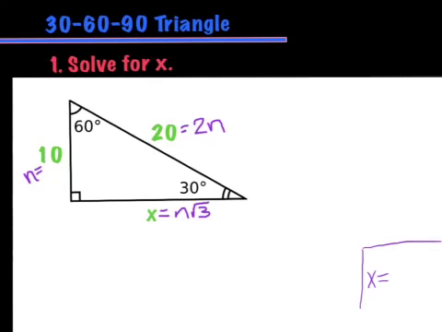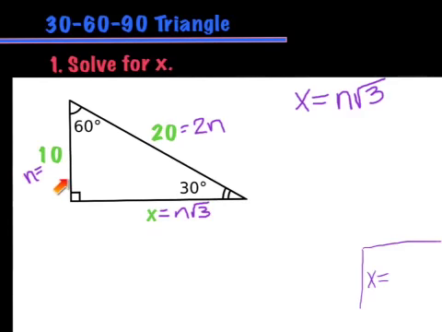Okay, so let's go ahead and write the equation that we have to solve off to the side. We're trying to find x. So x equals whatever n is times the square root of 3. So let's take a look at what we have. All we need in order to get x, to get our answer, is to know what n is. So let's look over here. Do we know what n is?